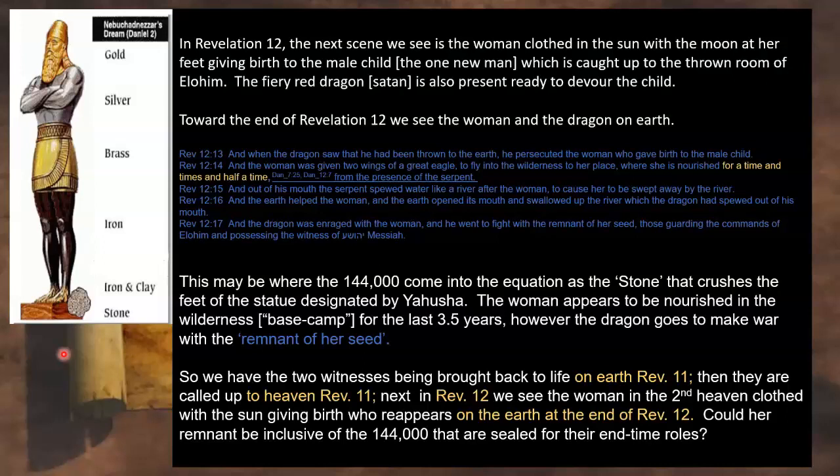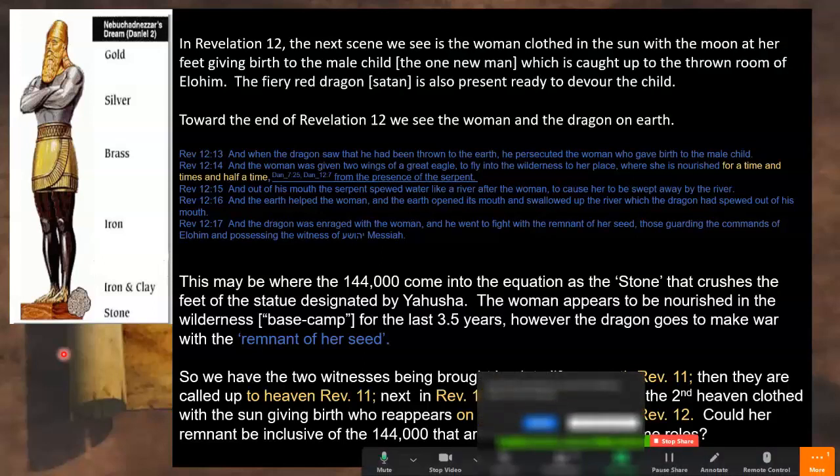So the dragon, being enraged, goes to make war with the remnant of her seed. And the remnant of her seed are those guarding the commands of Elohim and possessing the witness of Yahusha HaMashiach.